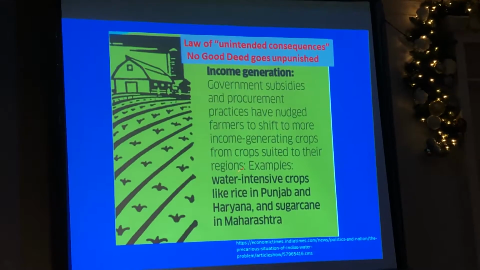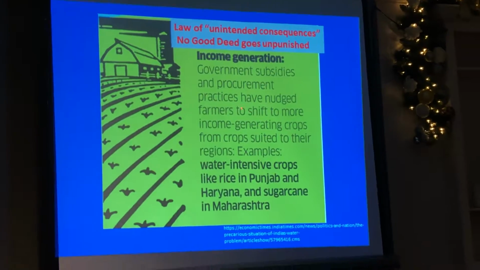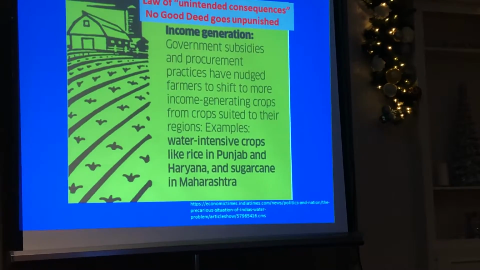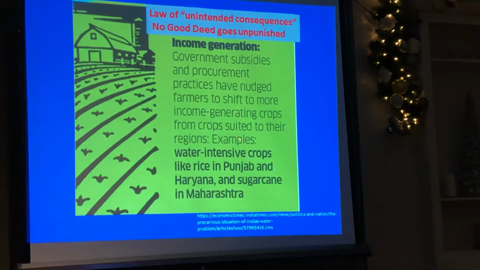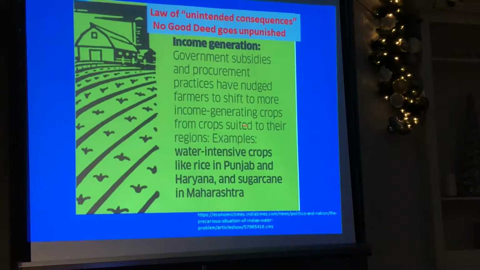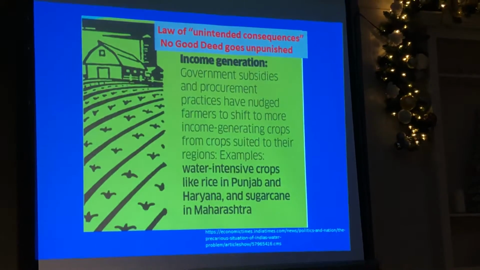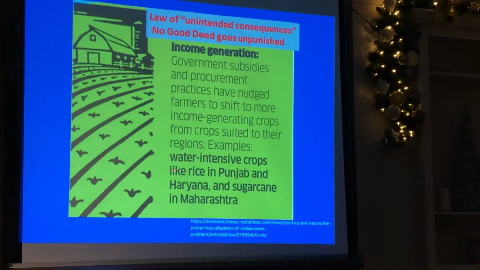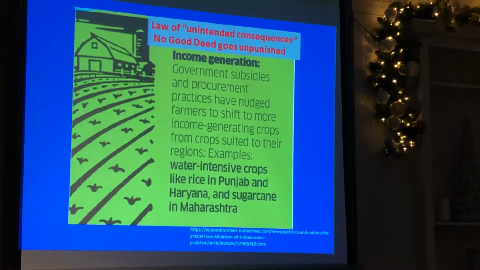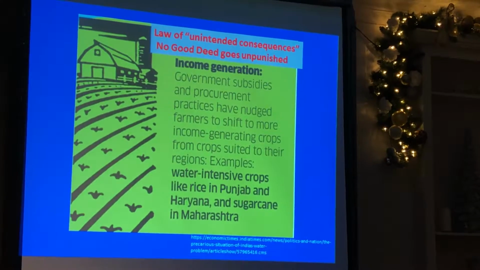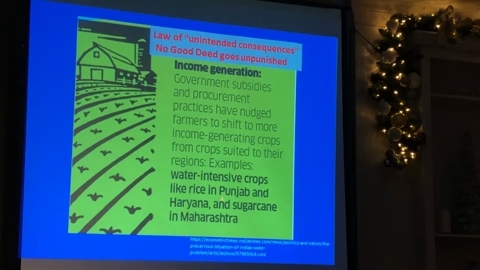So, a place like Punjab, which has less rainfall, but because of the cash availability for some of the crops, they are using so much water, and you'll see in a minute. So in Punjab, rice shouldn't be grown because they don't have enough rainfall to have standing water, whereas in places in Maharashtra, sugarcane.